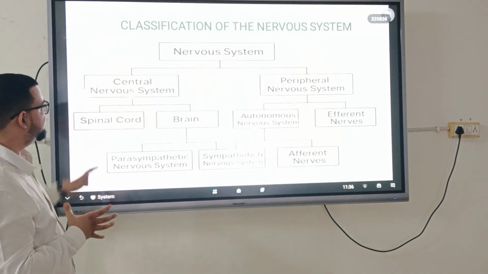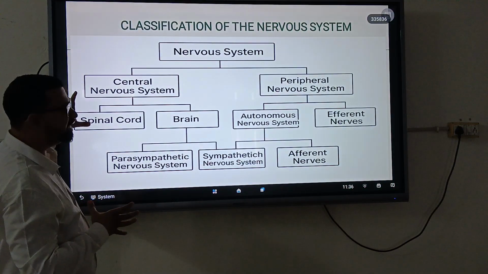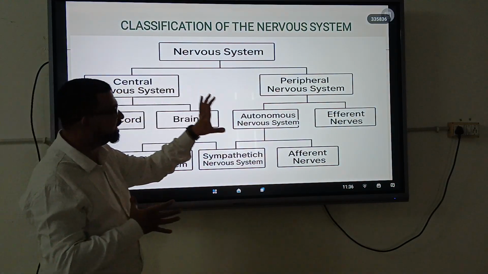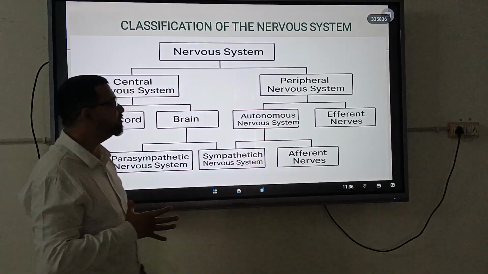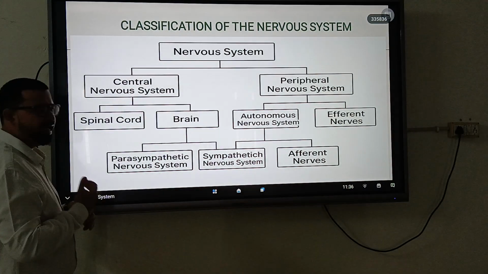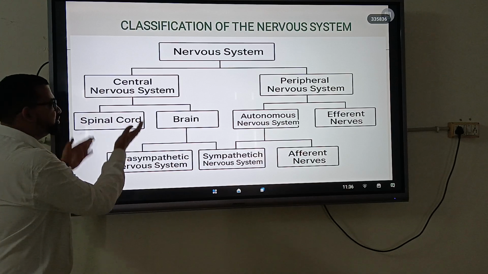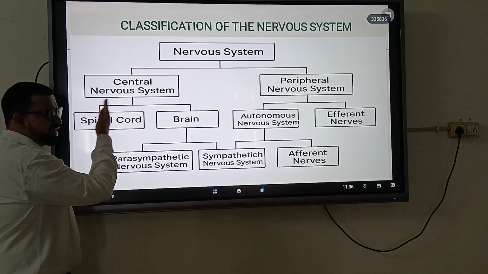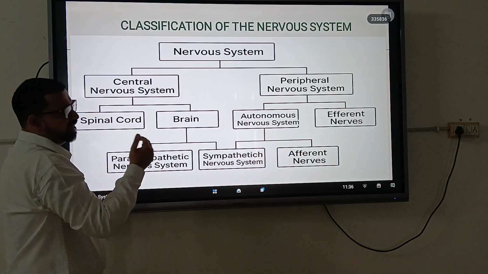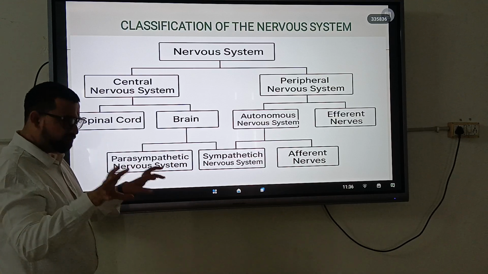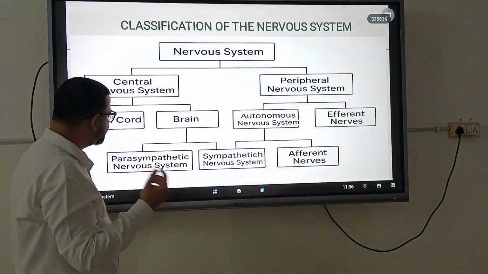It has two parts: the central nervous system and the peripheral nervous system. We can project it as a computer, with the CPU, or central processing unit, as the central nervous system and the other parts as the peripheral nervous system.